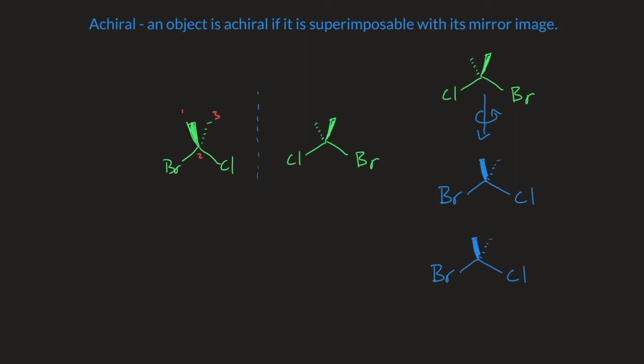Carbons of chiral objects often have 4 different substituents on them. So if we look back at alanine, that had hydrogen coming up top, a methyl group, then amine, and a carboxylic acid.